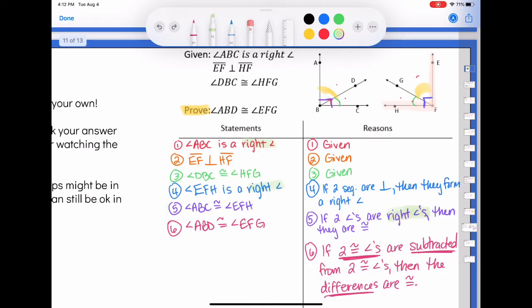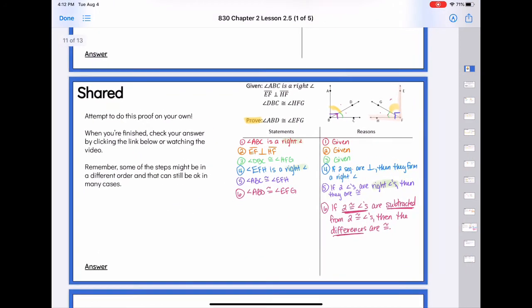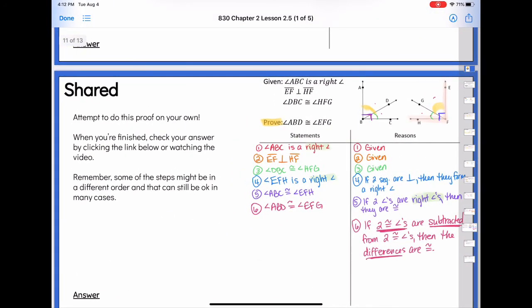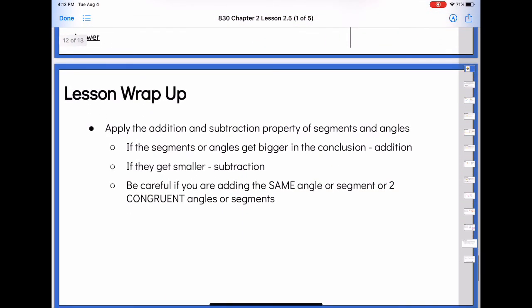So the subtraction property saved some time and some writing, and you guys will find out that you want to do that more and as much as you possibly can. So subtraction property was the fastest way to go here, but there was another way if you did it. Okay, so hopefully you're starting to see how we're going to use those properties, and now it's just practice, practice, practice.